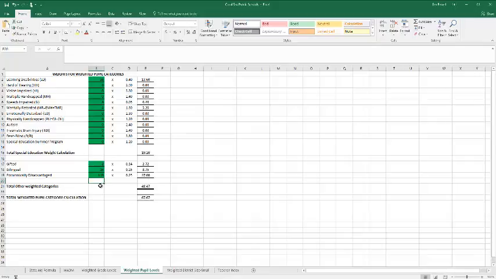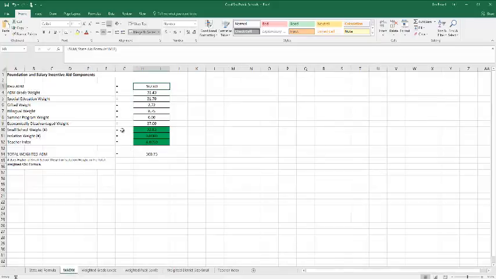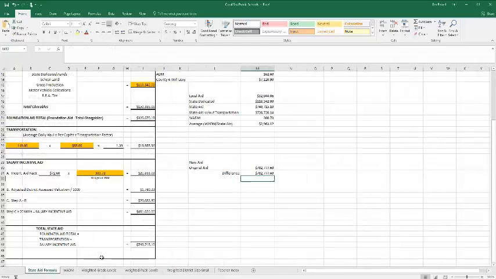So let's say that we had students who were unidentified before, and we suddenly now have figured out that we have 5 students who were emotionally disturbed, or ED, in the district. So the beauty of the spreadsheet is it changes that to 12.5. This changed our weighted ADM, and when we go to our state aid formula, it has changed our state aid formula.